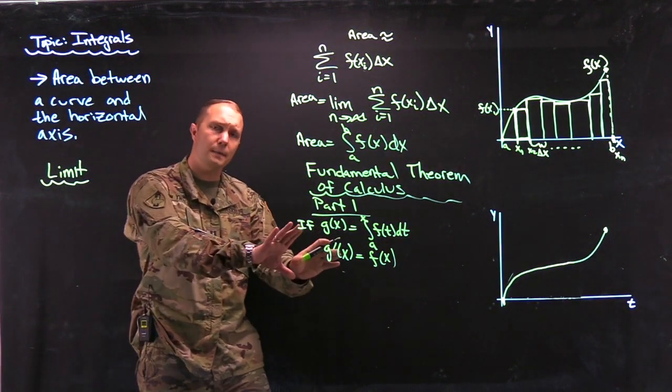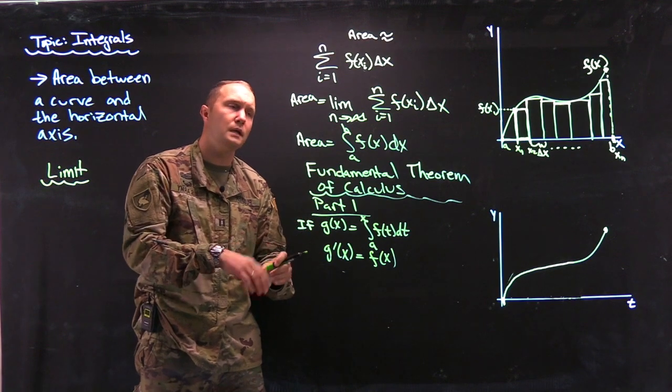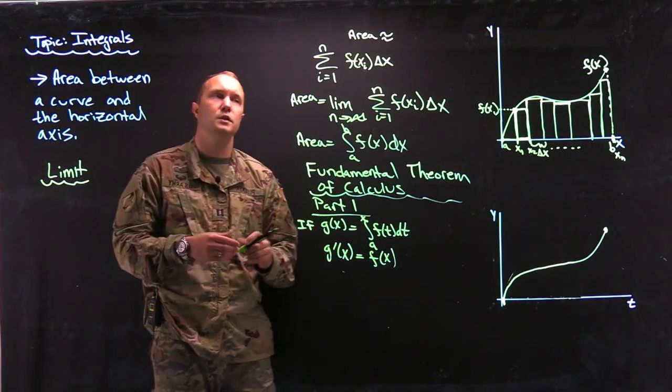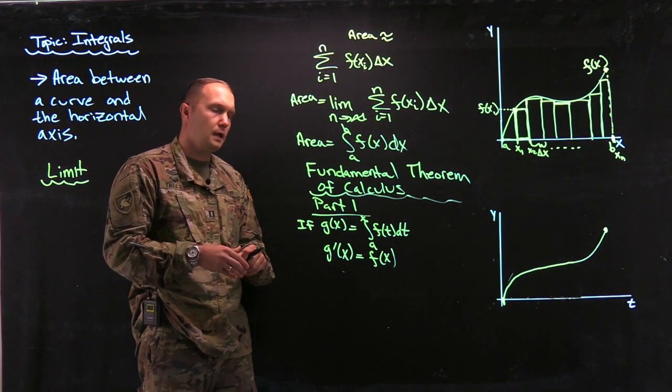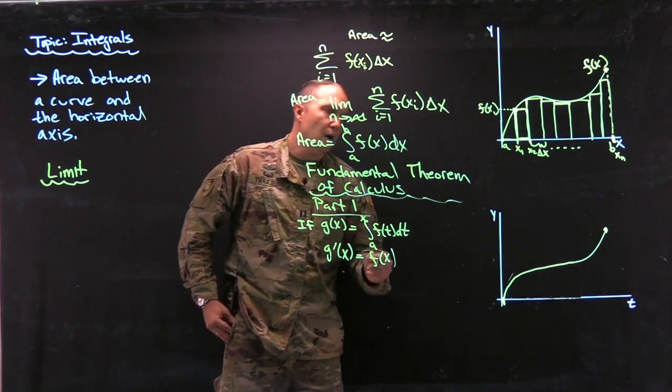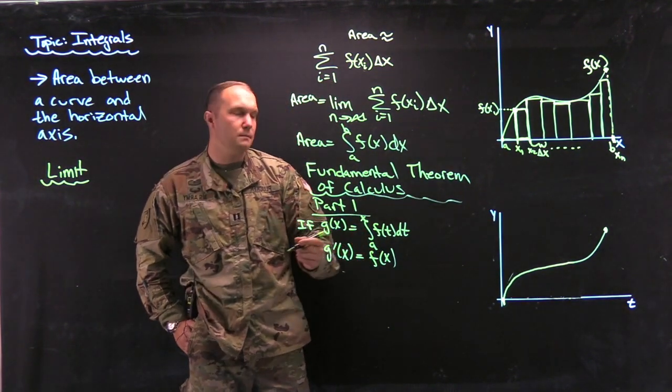Okay, so we're going to talk about this a little bit, but this is very important in providing the link between differentiation and integration. So with this in mind, let's talk about where this comes from.